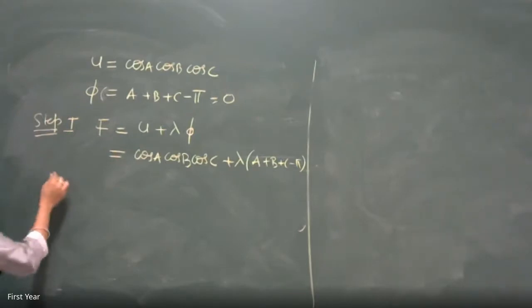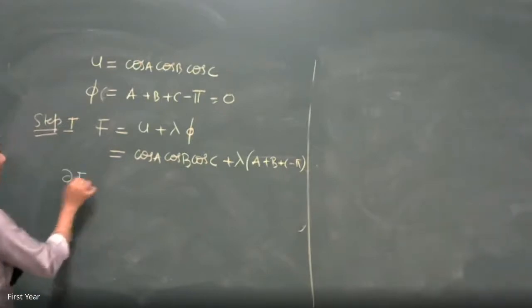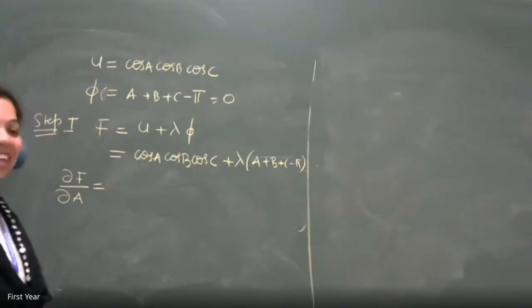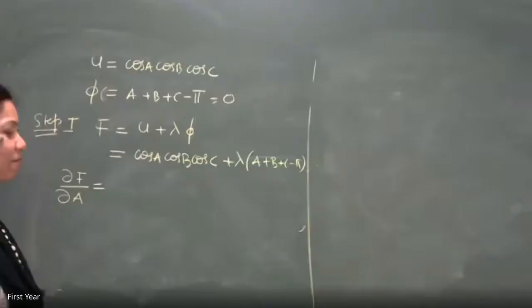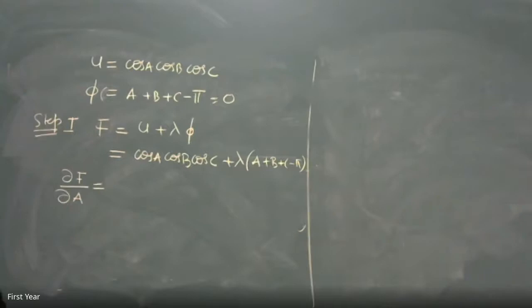Whoever will tell me: minus sin A cos B cos C. Wait, tell me what derivative you are going to take. Del F by del A. Minus sin A cos B cos C plus lambda. Whoever has scored, put your roll number in the chat box.